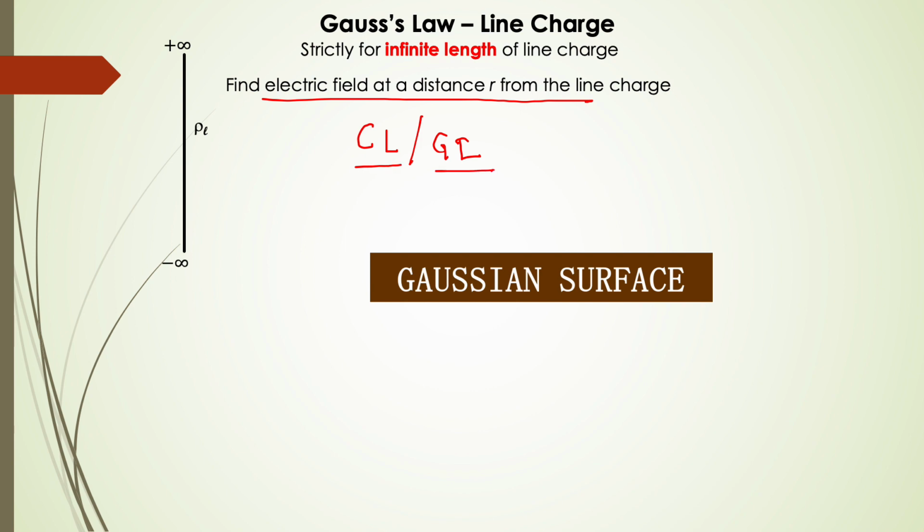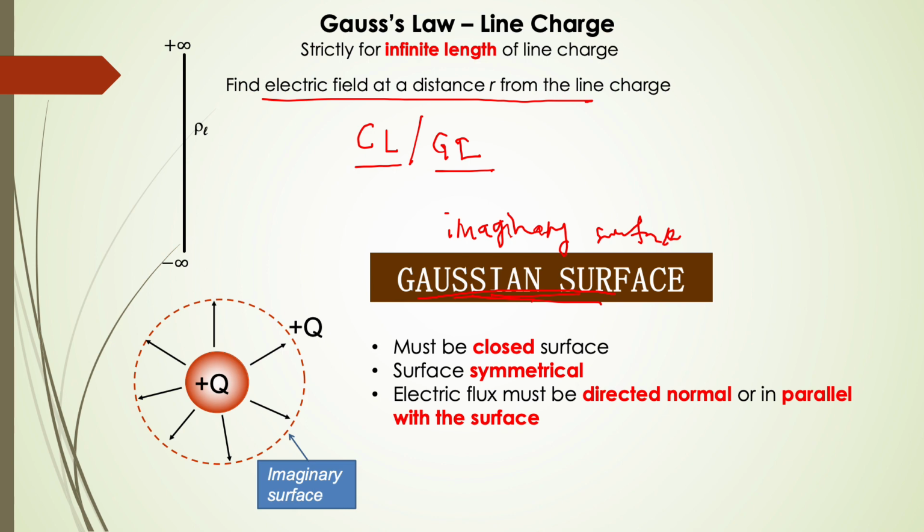We haven't discussed what the Gaussian surface is. Before, I did mention that you need to draw the imaginary surface. So what is this imaginary surface all about? This imaginary surface is also known as the Gaussian surface. That surface must be a closed surface, meaning it must be a closed structure, for example like this.